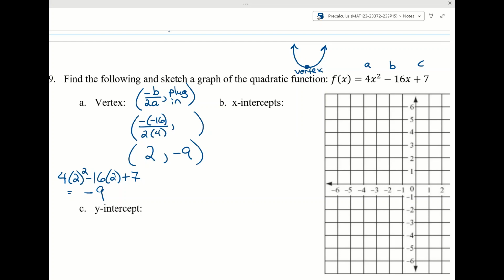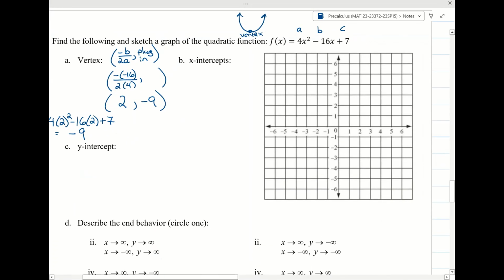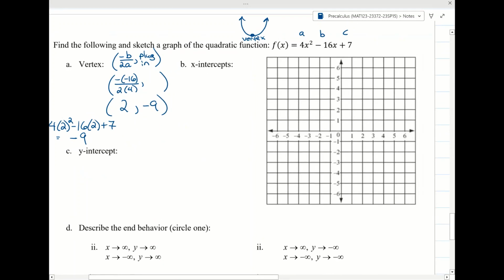So the vertex is going to be 2, -9. I'm going to go to my graph. It looks like it's a little bit off of this one, but let's put 2, -9 right here. That's how we find what's called the vertex.